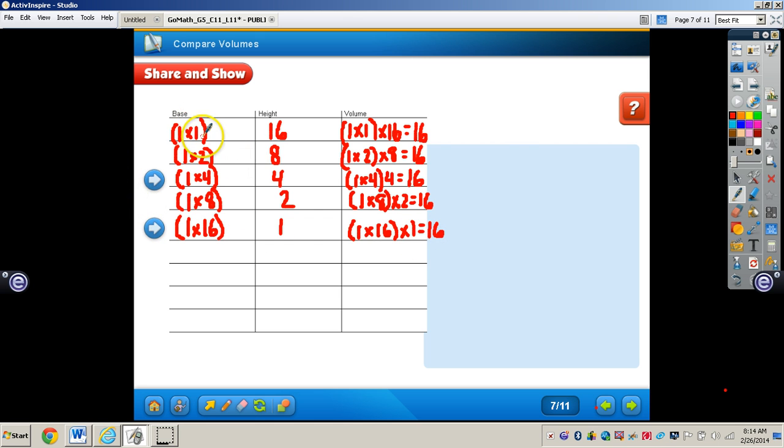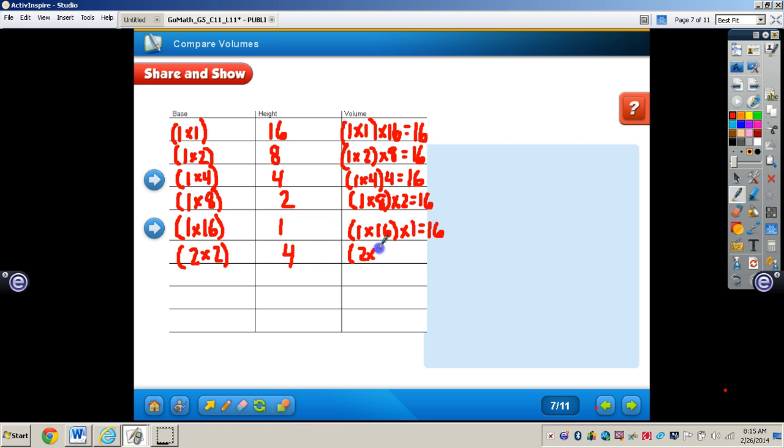So you can even see how we're finding our factors. We have 1 times 16, 2 times 8, and then 4 times 4. We just have 4 listed one time. Just like you find the factors of 16, you'll list them the same way. Next one, we can go down to 2. A length of 2, a width of 2, and then our height would need to be 4.